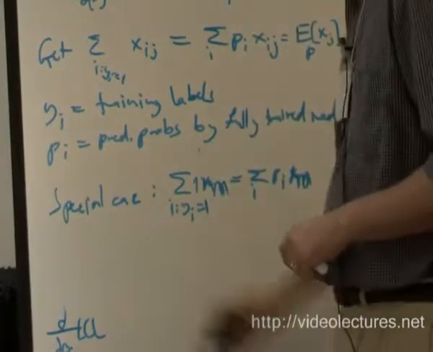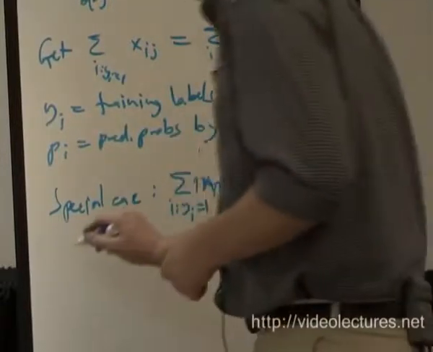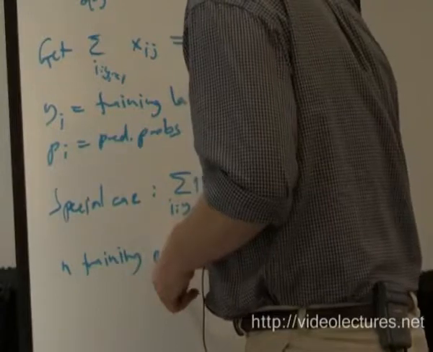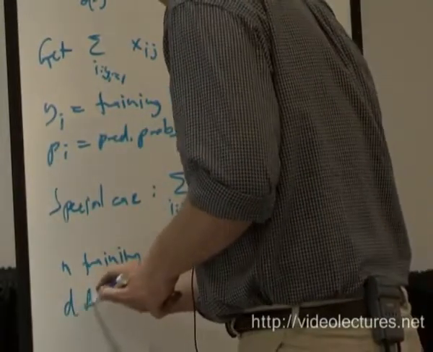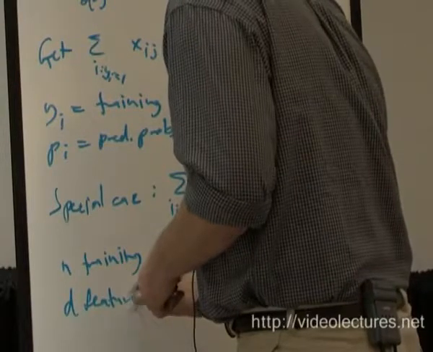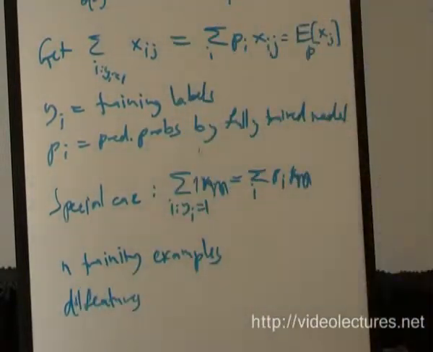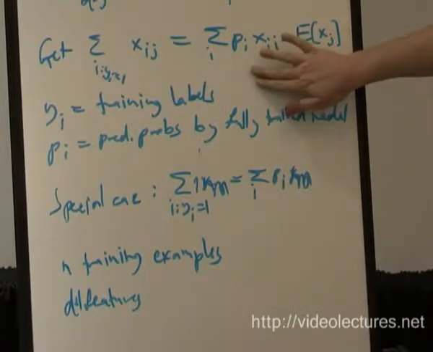And there's something interesting to note. Supposing you have n training examples and d features, or d plus 1 features. How many equations of this type do we have?